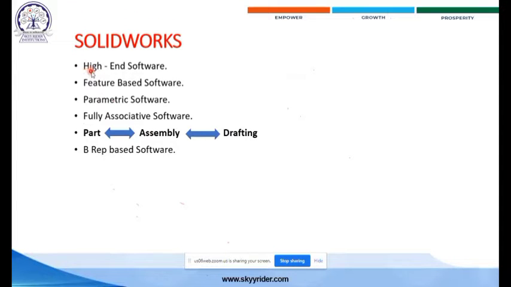Okay, so SolidWorks is a high-end software. There are three types of software. High-end means three things will be there: CAD, CAM, and CAE. Low-end means only a single workbench, CAD, will be there, and mid-end means any two, like CAD and CAM, or CAD and CAE.